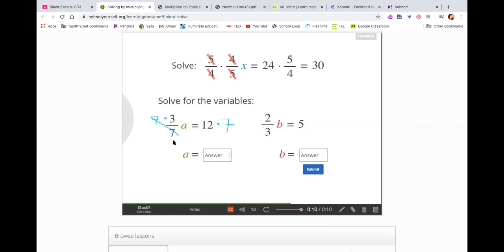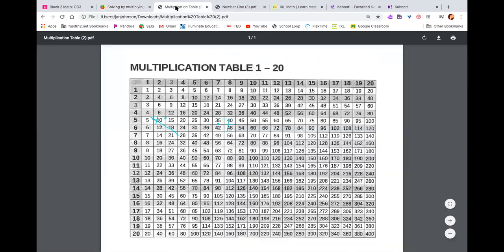I do not have a fraction anymore. But I do have 12 times 7. So I check that on my times chart. So 12 times 7 is what? 84.